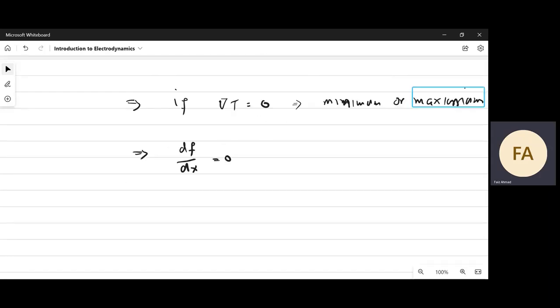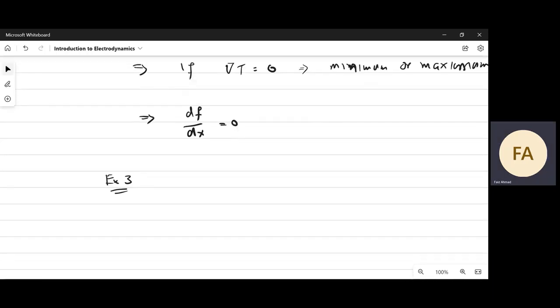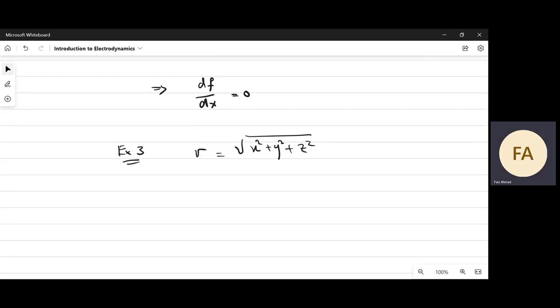We have an example. It is example 3 in chapter 1, and we are given r, which is the square root of x squared plus y squared plus z squared, and we are asked to find the gradient of r.